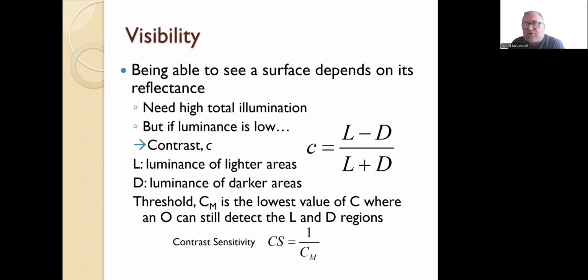And if you have a low threshold, that means you can hear very, very quiet sounds. That also means intuitively that your ears are very sensitive, right? So high sensitivity means detectable low thresholds. And the same applies for your contrast sensitivity here as well. If you have a high contrast sensitivity, that means you can detect very low values of contrast, and you therefore have low thresholds.